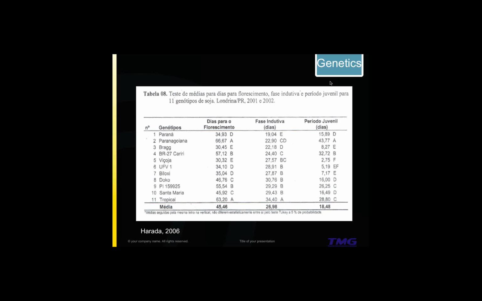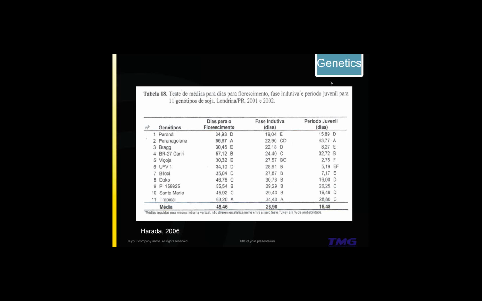I did a compilation of data 5 years ago or so, where I gathered data from essentially strip tests conducted by different co-ops here in Paraná state, and my conclusion was, yes, indeterminate types improved yield as long as you have good weather conditions.